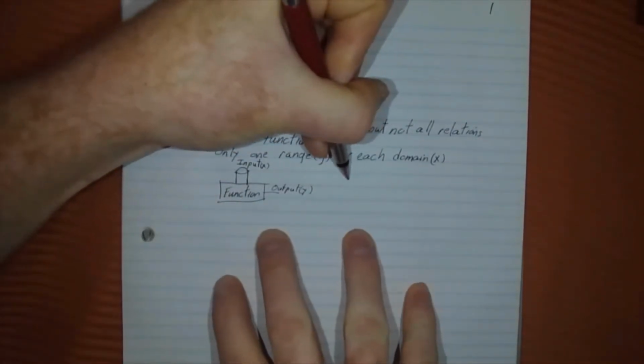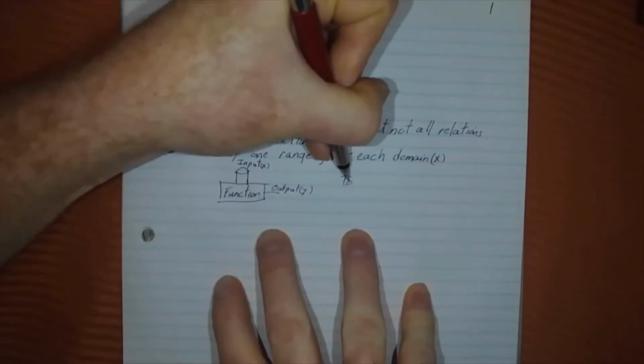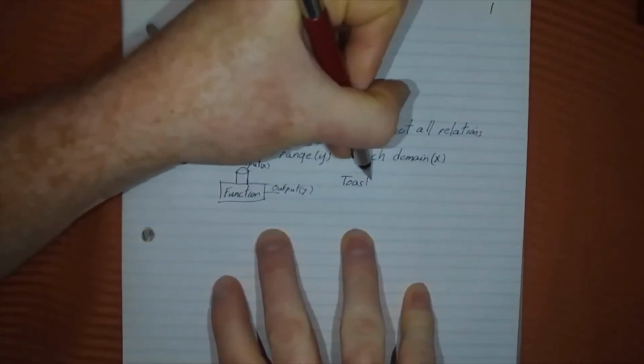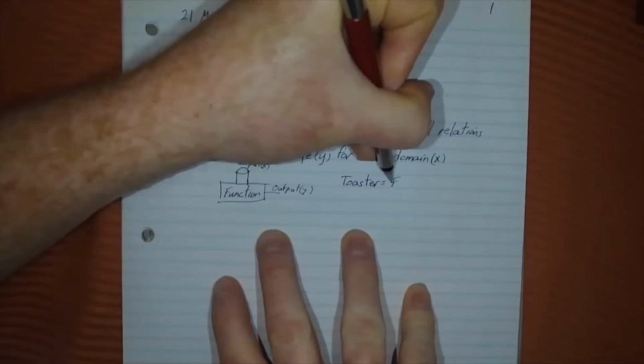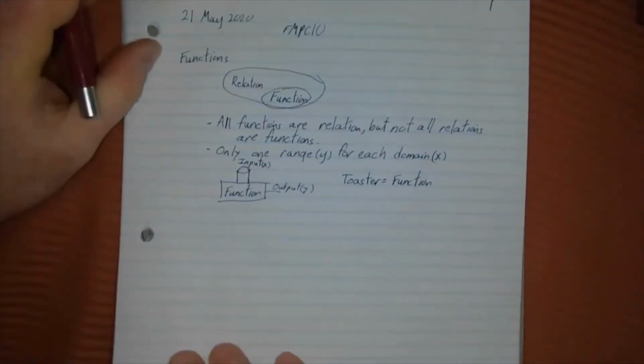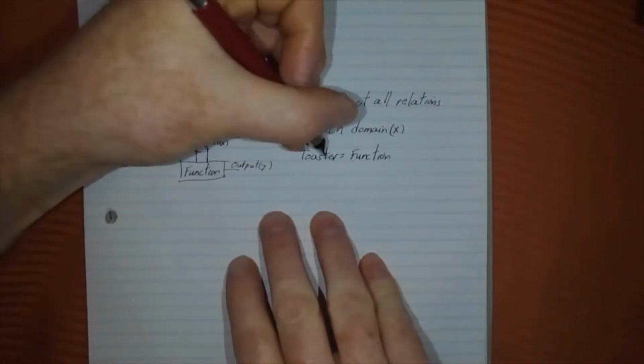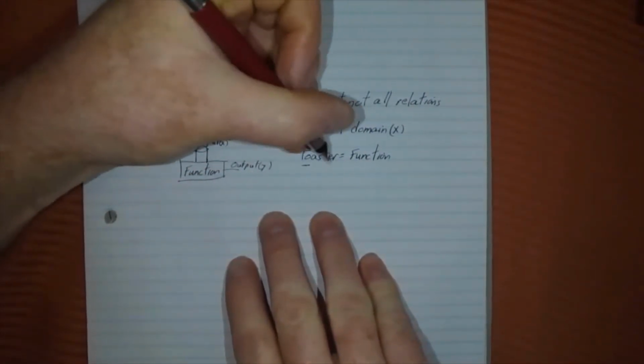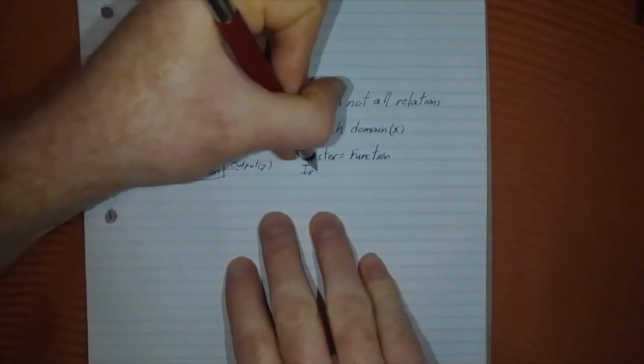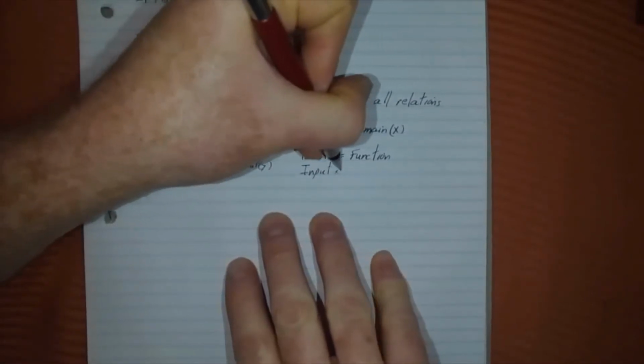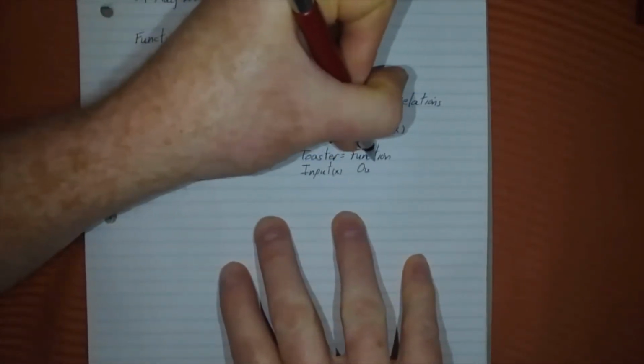So let's think of a function as a toaster. Let's look at my input or my x's and my output.